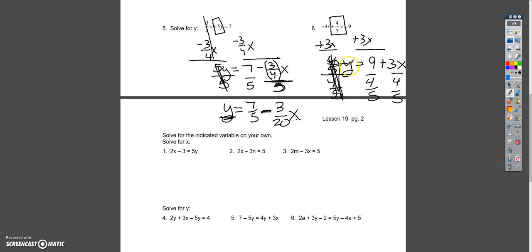So that goes away. Here we have y equals 9 divided by parentheses 4/5, which would be, I think, 45/4, plus, don't forget the parentheses, which I think will be 15/4.